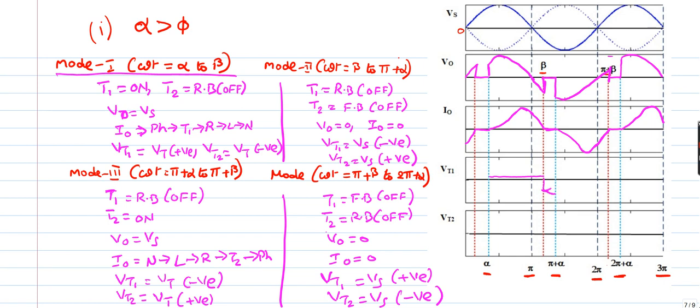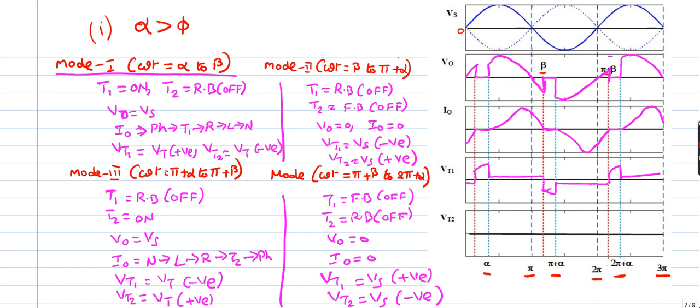Then pi plus alpha to pi plus beta, Vt negative, up to here. Next pi plus beta to 2 pi plus alpha, positive Vs. Then it will be plus Vt. So here also we are going to have plus Vs. Here it will be minus Vt.